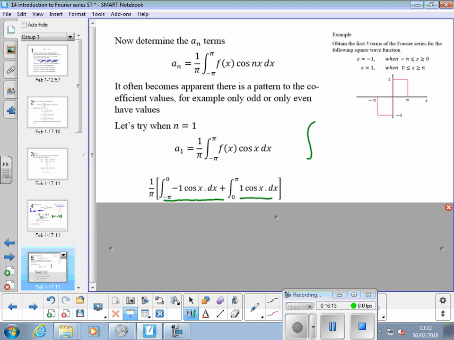The one we're looking at here now is cosine, and so that's the integral of cos ax is equal to 1 over a sine ax. So that's the one we're using now.